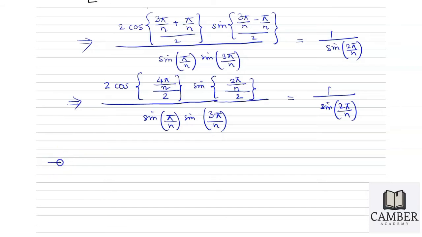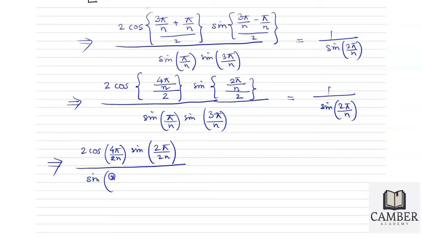Which implies 2 cos of 4 pi by n divided by 2, which gives us 4 pi divided by 2n, into sine of 2 pi divided by 2n, and in the denominator we have sine pi by n into sine 3 pi by n, which is equal to 1 by sine 2 pi by n.